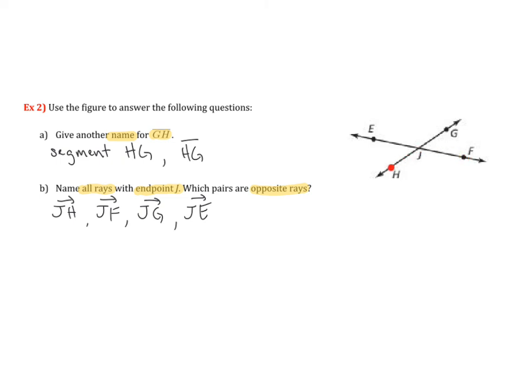Because that happens, these are not opposite rays. So if I choose JF as one of my pairs, I have to look and see which ray helps make a straight line. And that's literally on the opposite side. So we would pair JF with JE.